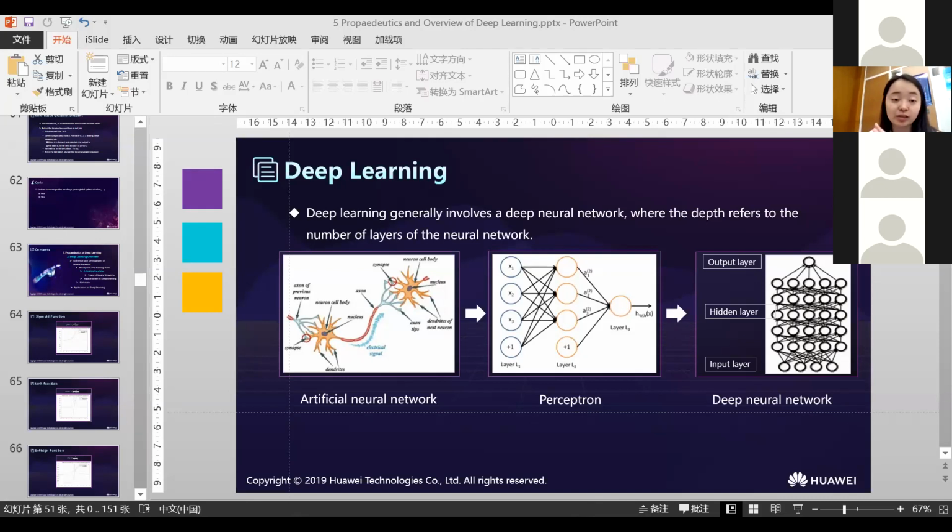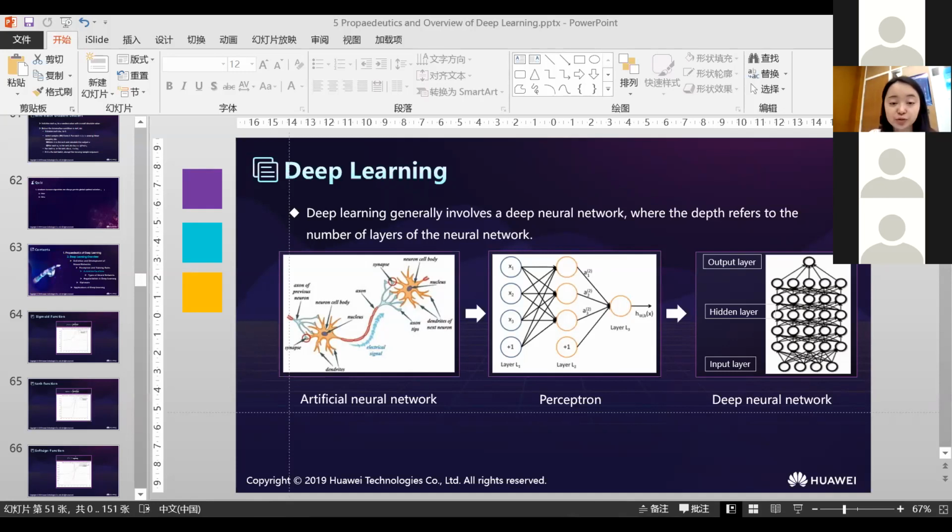Here L means loss function. So how do we update the weights, how do we change the weights and bias a little bit to make the model work?